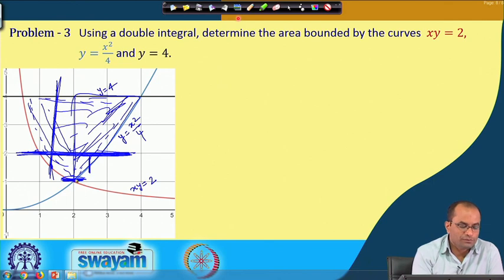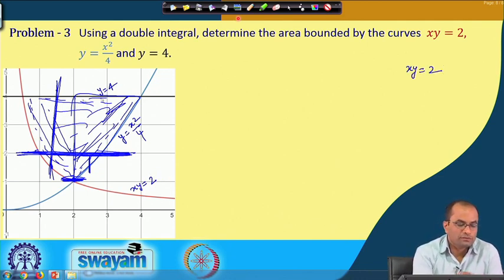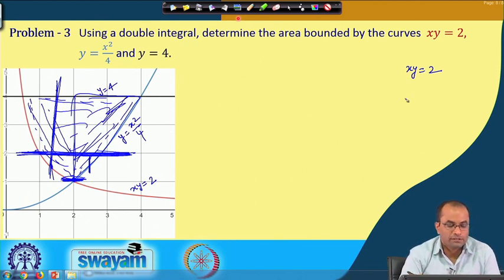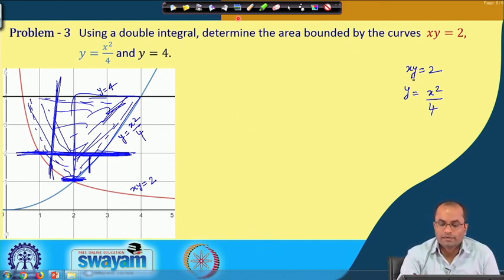So, we need to compute the point of intersection of xy = 2 and the other one, y = x²/4. Here we substitute the value of y from there, it is 2 over x.